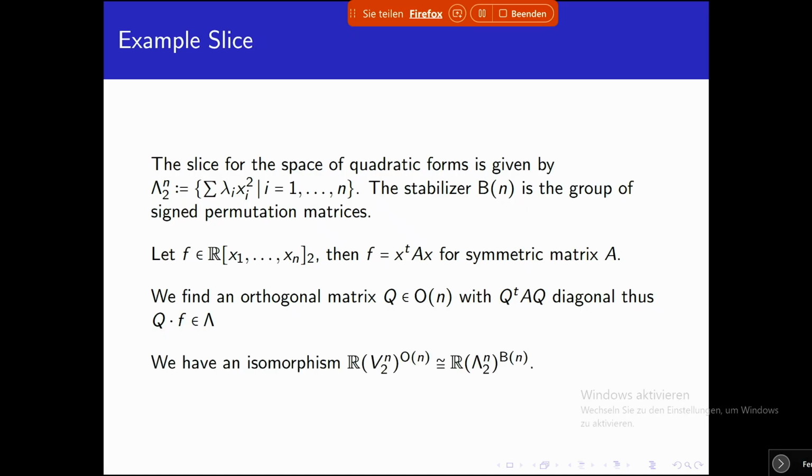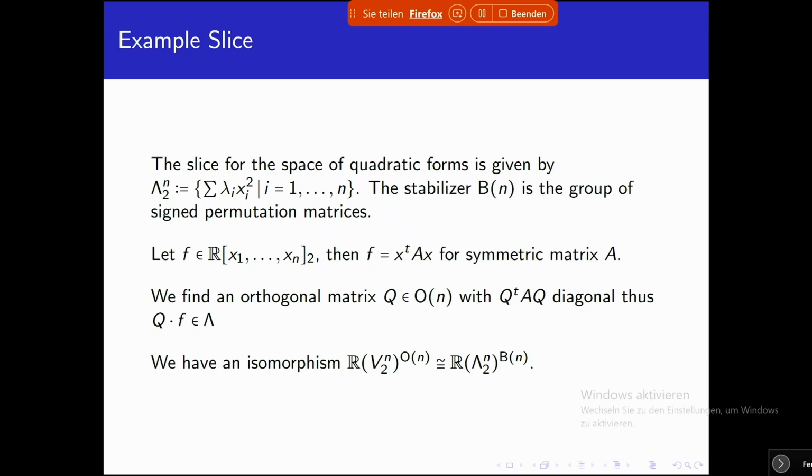Okay, and now we have this very nice isomorphism, and very importantly, we find that the stabilizer subgroup is a group of sign permutation matrices. Because if you think about it, we have a diagonal matrix, and then we have a coordinate change matrix, which has to preserve the property that it is still a diagonal matrix, and those are exactly the sign permutation matrices. All right. And this is a finite group, meaning this is suddenly a much more tractable problem.